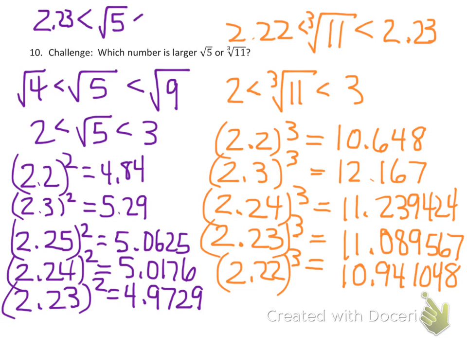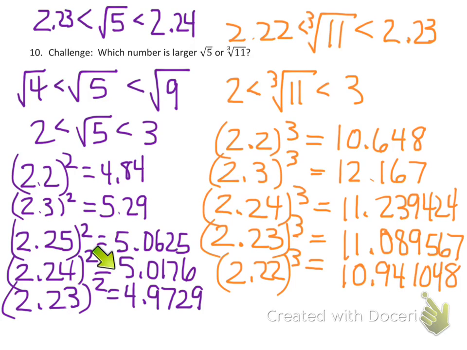And then the next one, 2.24, is 1/100th bigger, and 2.24 squared is more than 5.